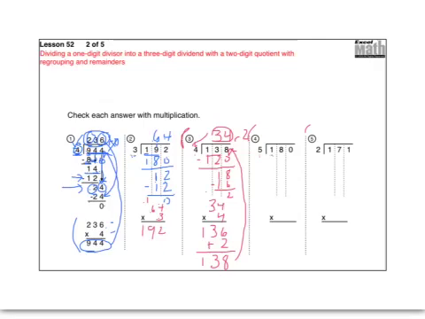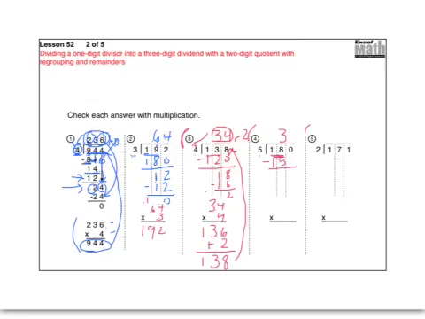180 divided by 5. 100 divided by 5, well, that's 20, but I don't want to really stick a 20 up there. I want to join that 100 with the 80 and do 180 divided by 5. And so what I'm really thinking of is 18 divided by 5. And that would be 3, or 30. And 3 times 5 is 15.